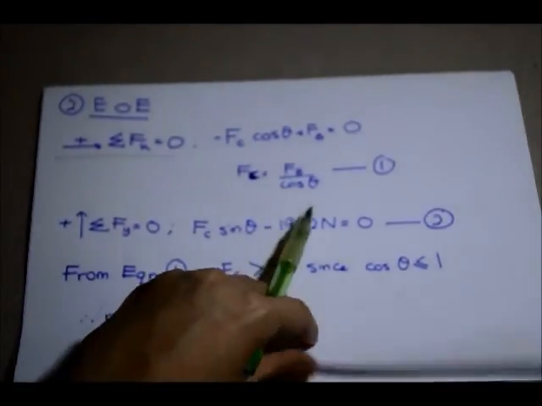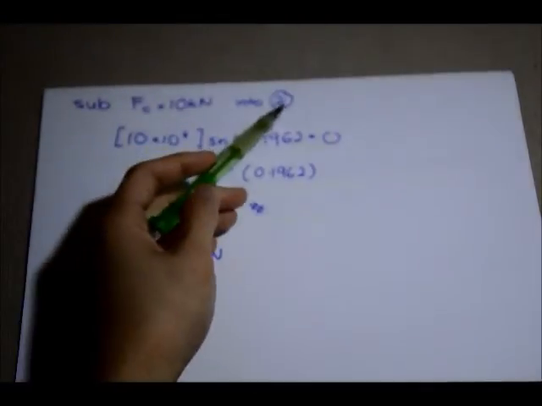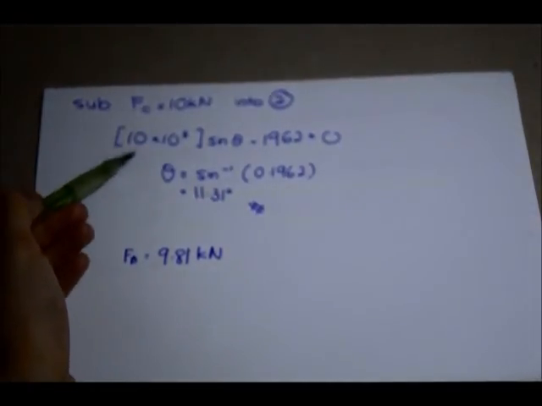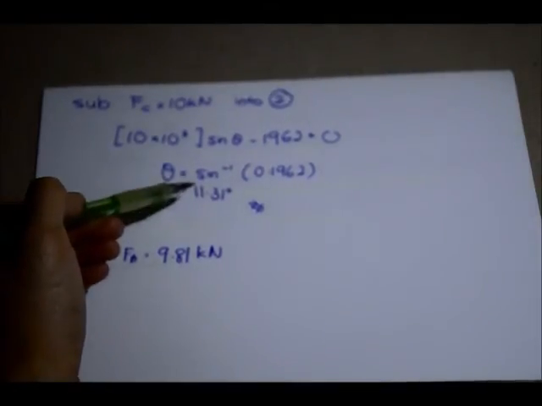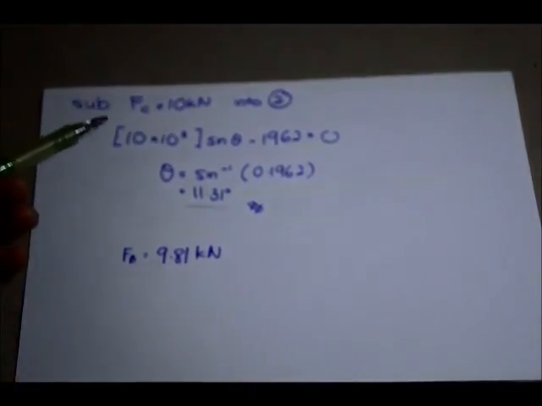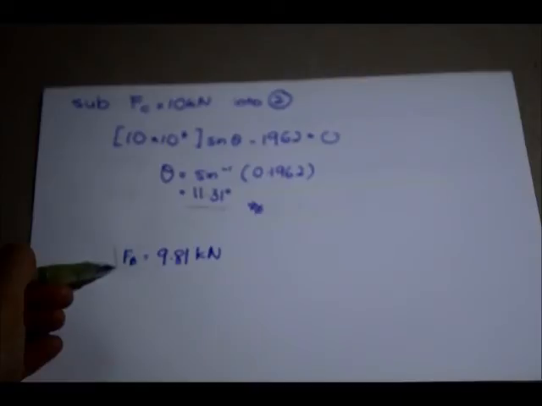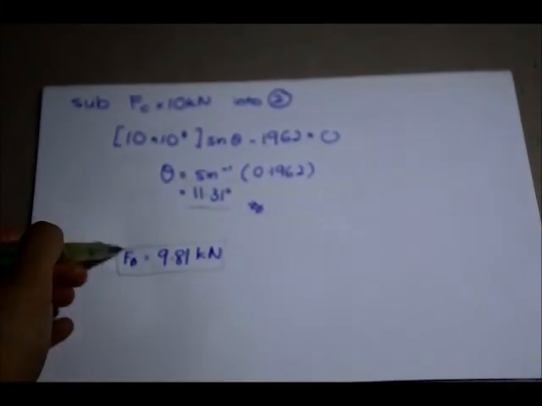By substituting Fc equals 10 kN into equation 2, we get the smallest value of theta, which is 11.31 degrees. After knowing the angle, we can find the value of Fb, which is 9.81 kN.